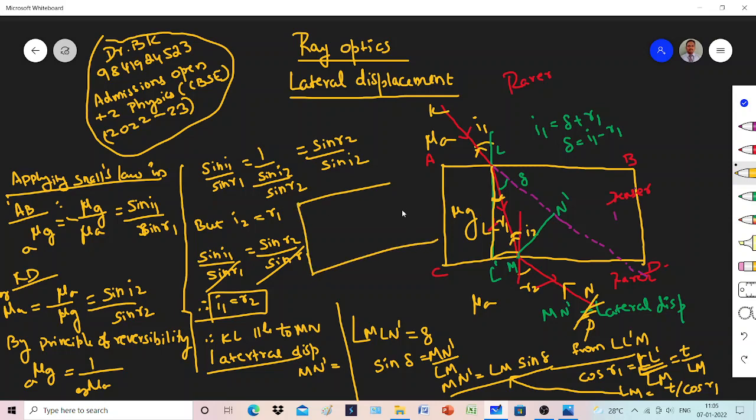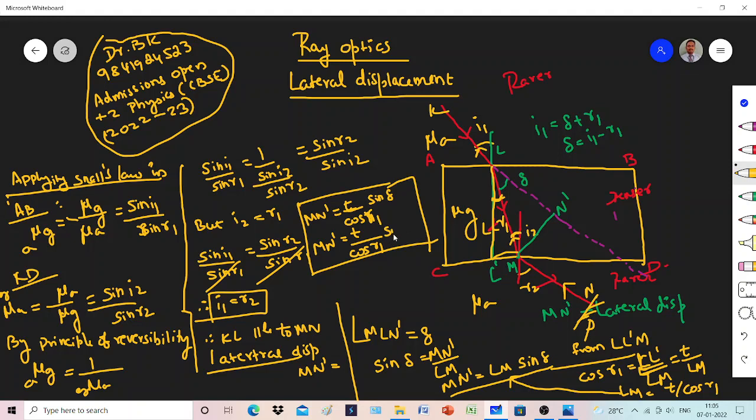So now it is simple. You have to find only MN dash. This is the lateral displacement. You substitute for LM. You will get T by cos R1 sine delta. Now MN dash is equal to T by cos R1. This is cos R1.